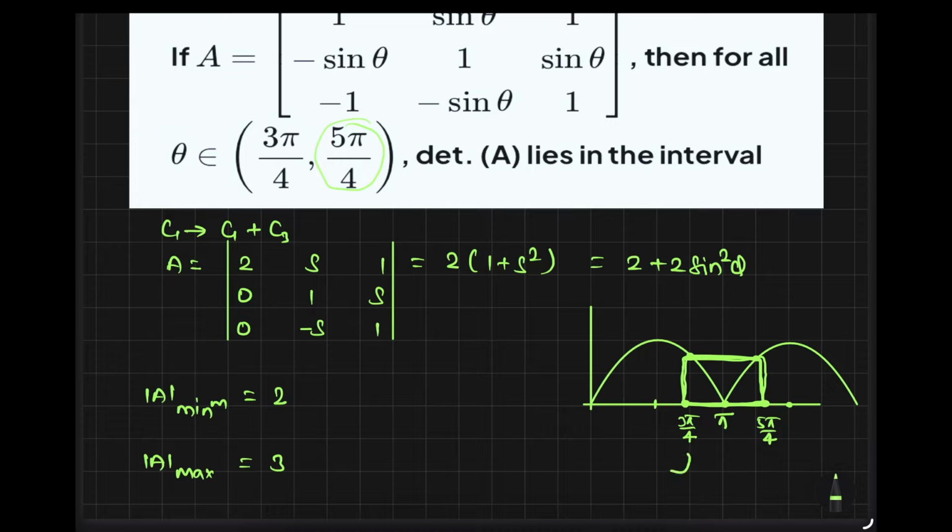But look at this, this is the extreme. At the extreme you got the value, which is not included, so you are not supposed to include the max. So can I say that the determinant of A ranges from 2 to 3, where 2 is included and 3 is not.